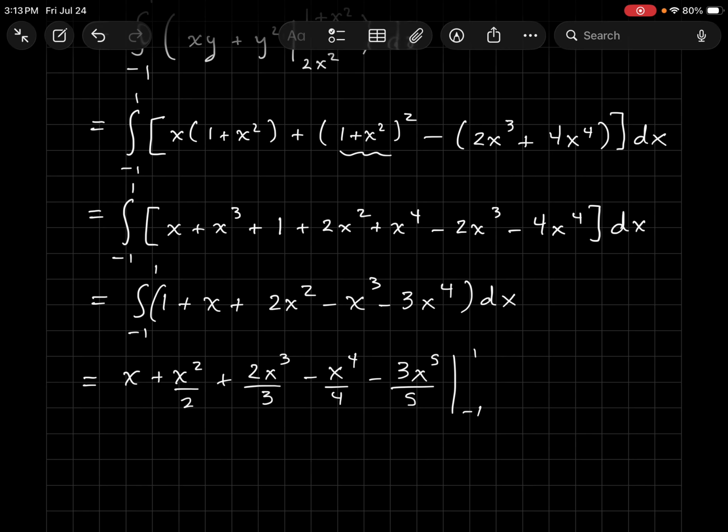Plugging in the top limit, then plugging in the bottom limit and subtracting. I will let you do that on your own because that is not the purpose of this video. I assume you can plug in 1 for x and -1 for x. And just so you can check yourself, when you go through, your answer will be 32 over 15. But let's look at another problem.